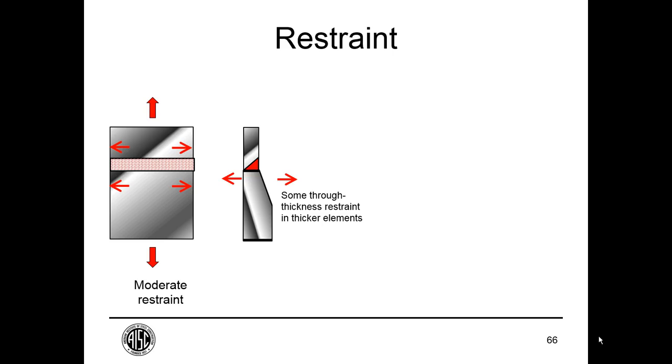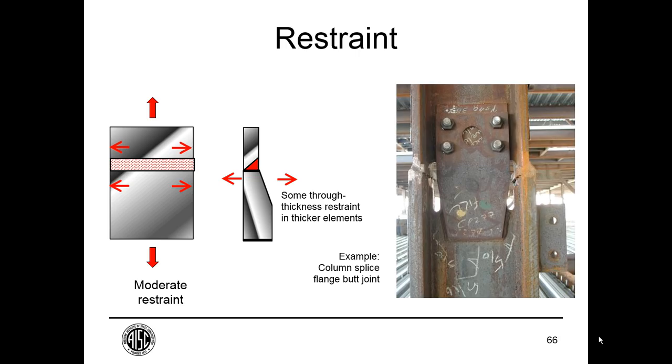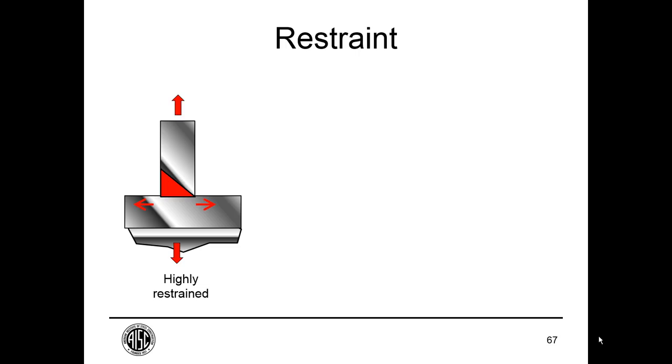But we do have restraint in the width of the plate. So, for example, a welded column splice like this has a bit of restraint due to the fact that it's a plate element as compared to a coupon element. It's still about as good as you get in structural design.